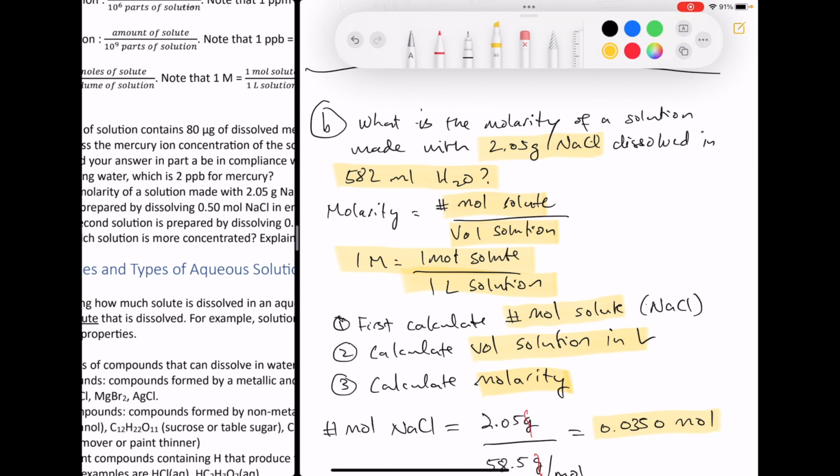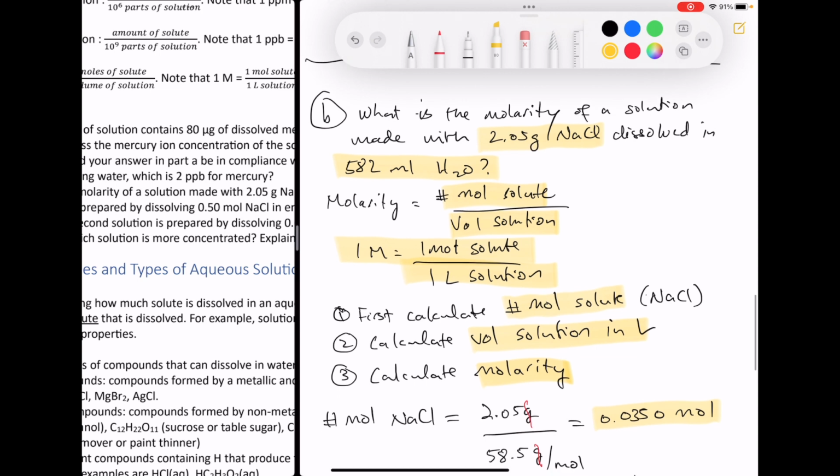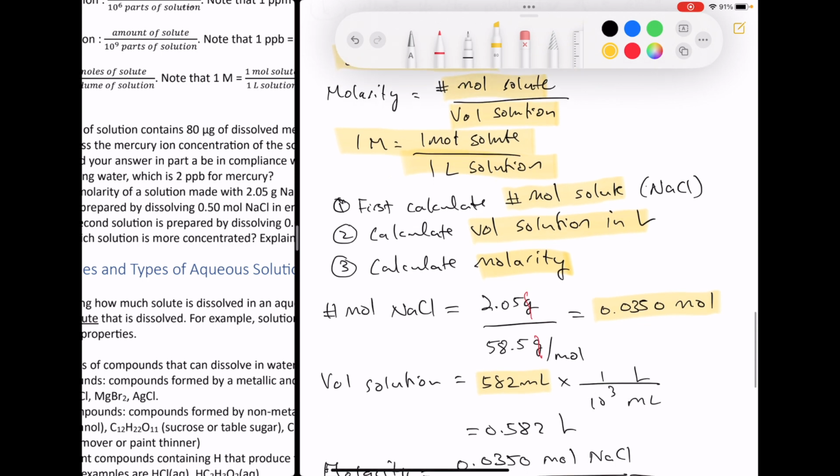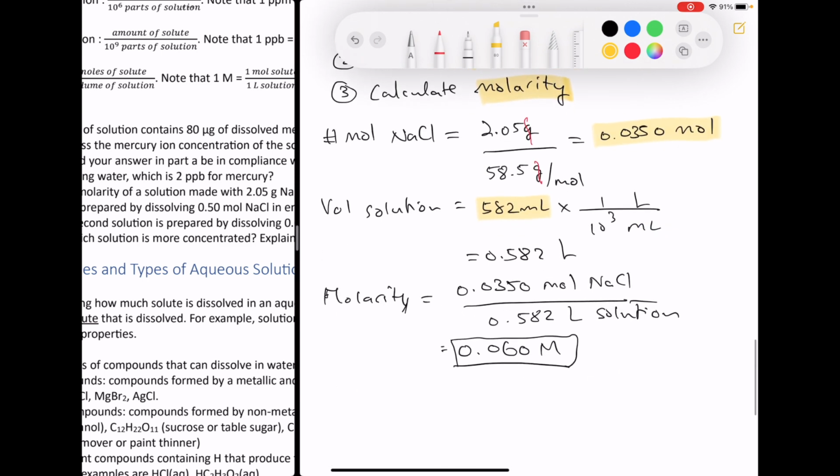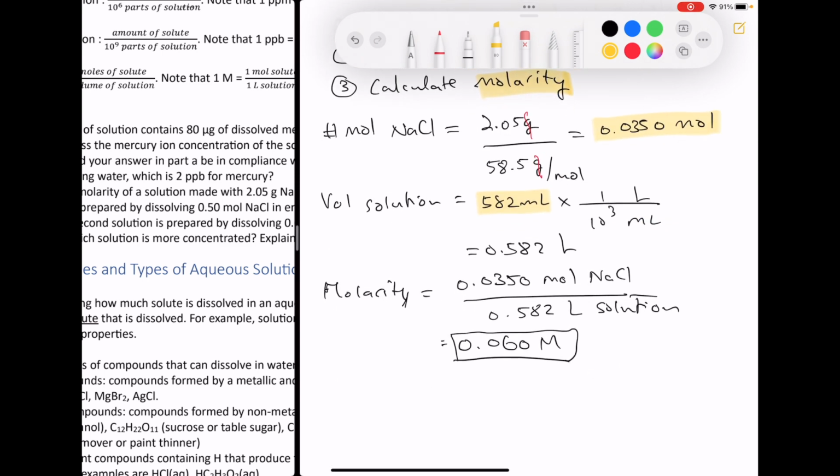So unless you're given some other information, you can assume that that 582 milliliters is also the 582 milliliters of the solution. All you need to do here is convert this to units of liters, and so that's what I'm doing in this calculation. I use the liter to milliliter conversion factor, which is 1 to 1,000, and I get 0.582 liter. And then the molarity would just be the division of those two numbers, the number of moles and the volume, and we end up getting 0.060 molar.